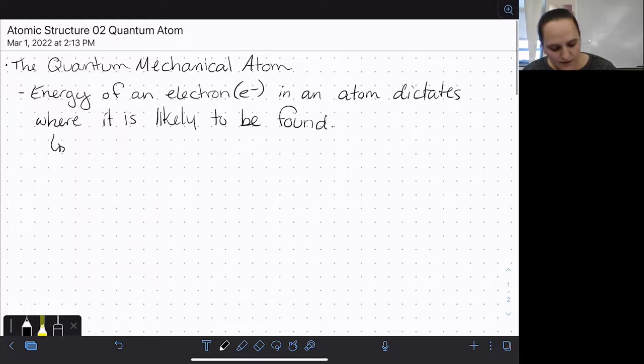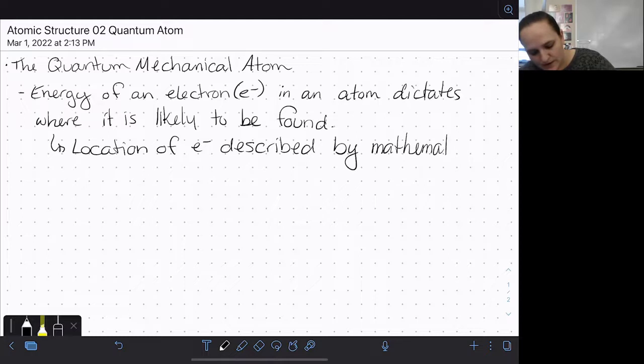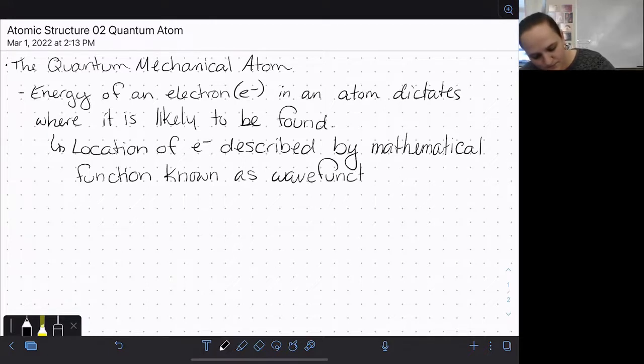The location of an electron is described by a mathematical function. This function is known as the wave function. And essentially what the wave function gives us is a probability distribution.